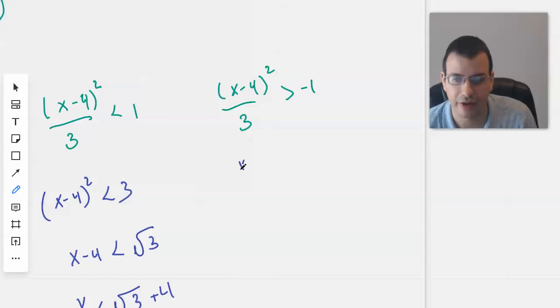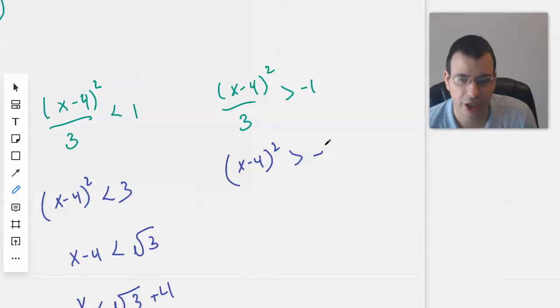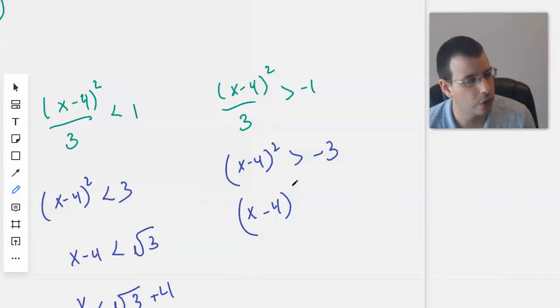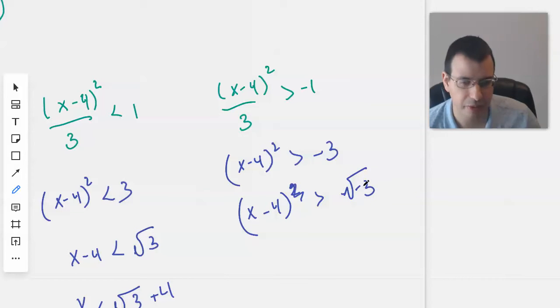We have (x minus 4) squared greater than negative 3. So (x minus 4) squared is greater than the square root of negative 3. Interesting, I can't take the square root of a negative number.